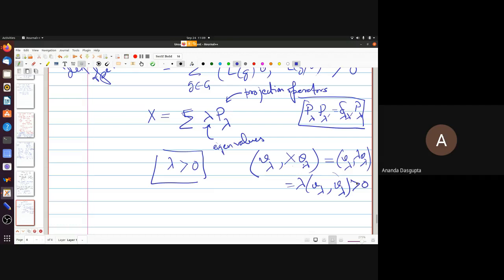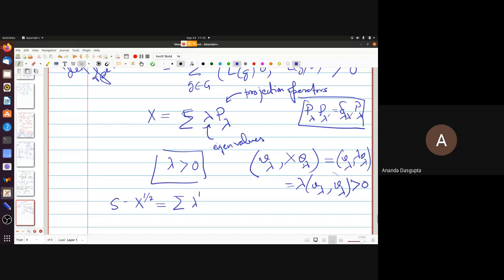Is it okay? So if that is the case, then we can easily define this operator.